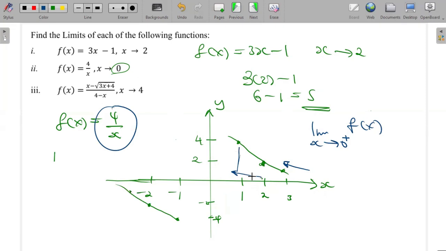You see the values that it's giving you are going towards positives, they're increasing in the y direction. You have positive y values that keep growing as you get closer to 0. So the limit is just positive infinity. Then when you're approaching from the left side of 0, the values of y that you're getting, you see those values are reducing. So they're going towards what?